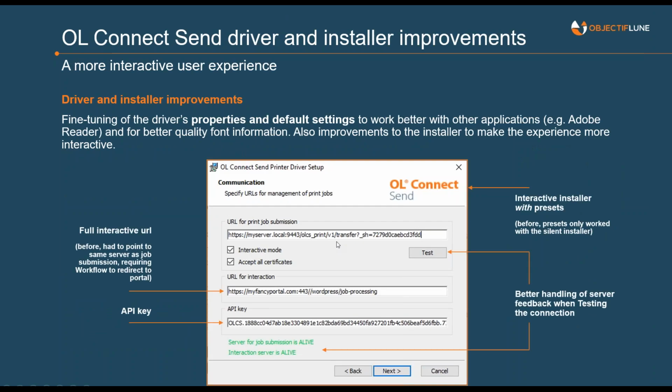If I go to the next slide, just to show you the Connect Send print driver setup, you see the URL for print job submission. So here is the server where Connect will be receiving the print job over the web. You see that it supports digital certificate, supports HTTPS, secure printing.